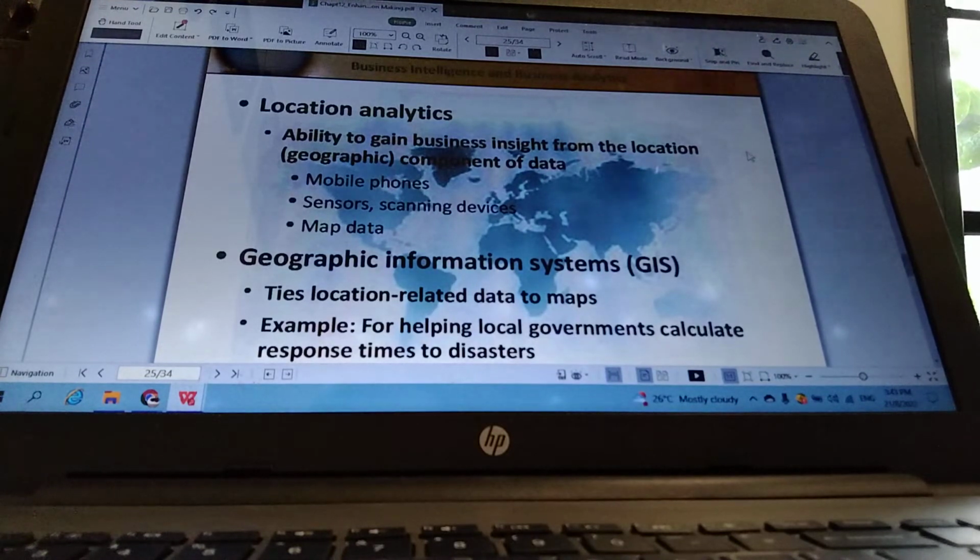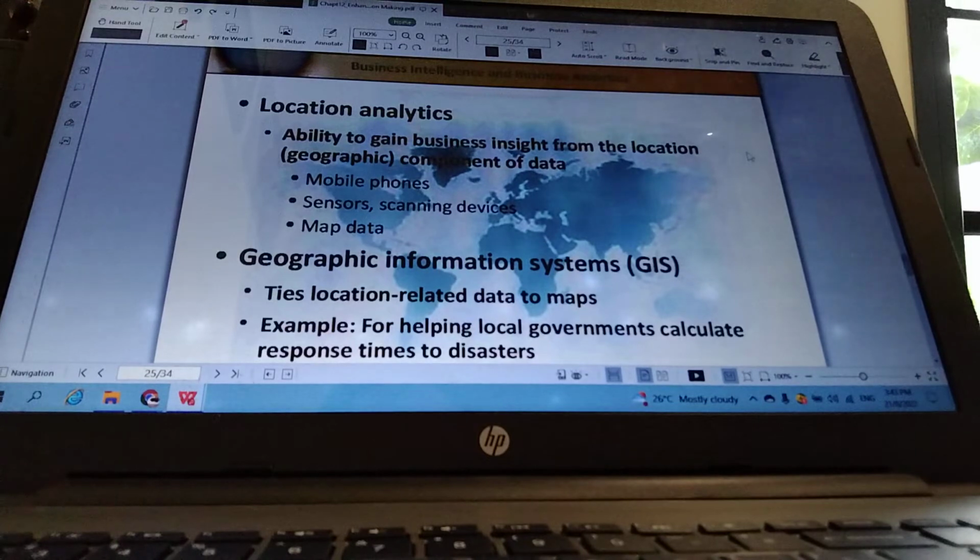Still related to business intelligence and business analytic topic, the features of location analytic are able to gain business insight from the location, the geographic component of data.